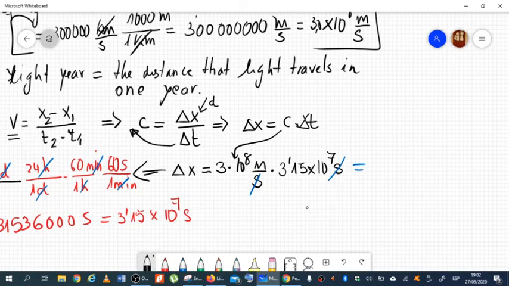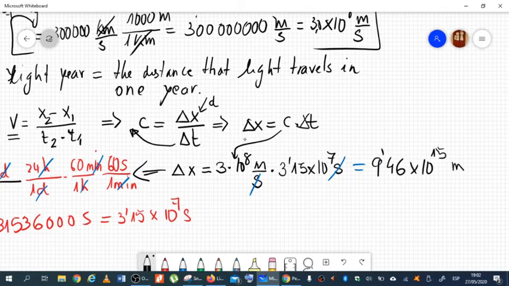It is multiplied by 3 times 10 to the power of 8, and it is 9.46 times 10 to the power of 15 meters.